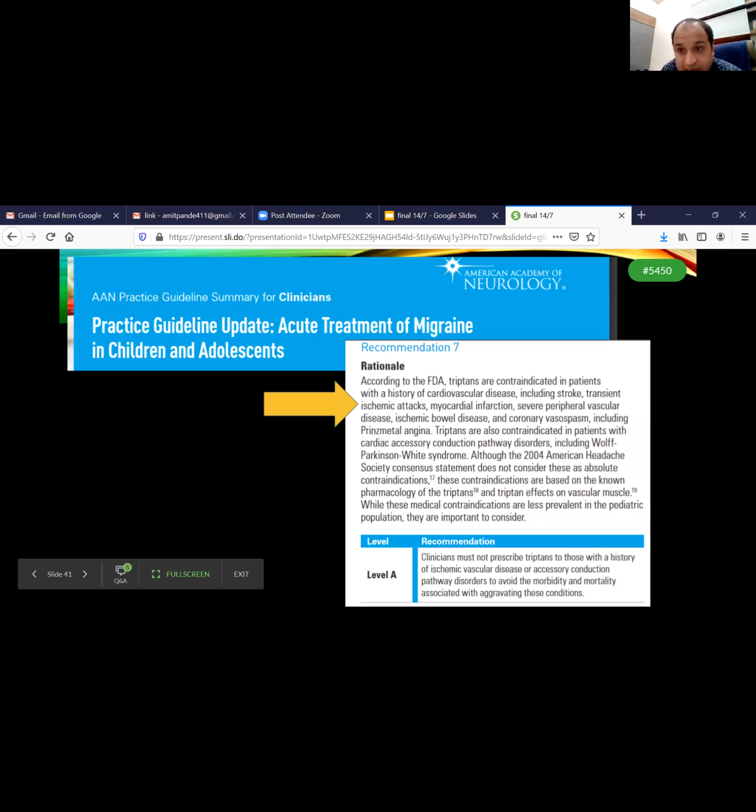Triptans are also contraindicated in patients with cardiac accessory conduction pathway disorders like the WPW syndrome. So, level A recommendation: clinicians must not prescribe triptans to those with a history of ischemic vascular disease or accessory conduction pathways, as the use of triptans may aggravate these conditions and increase the morbidity and mortality. I hope you got it right, all of you.